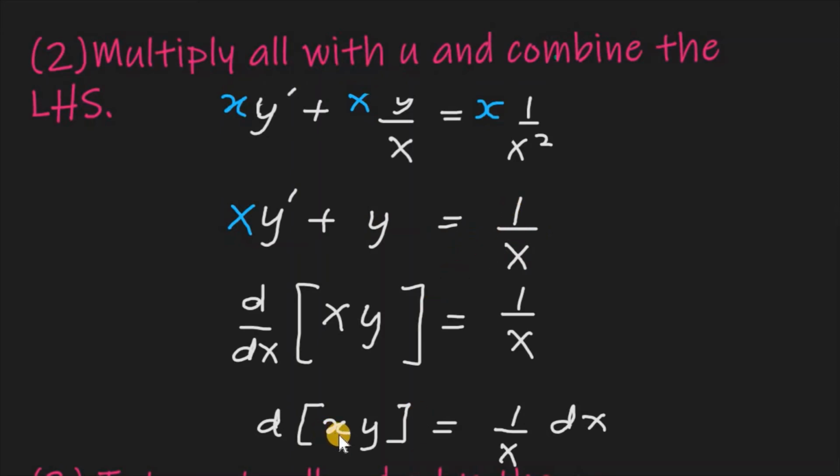If the x is x and the y is y, we can check the derivative of xy using the product rule: the derivative of xy is x y prime plus y x prime, where x prime is 1. So this is correct, and we can combine it. There's a mark there for combining it correctly. M1.